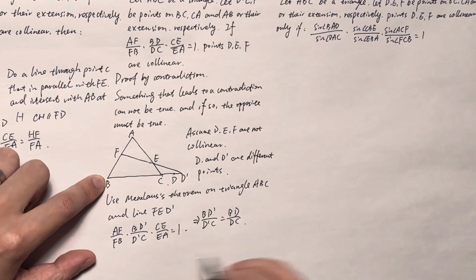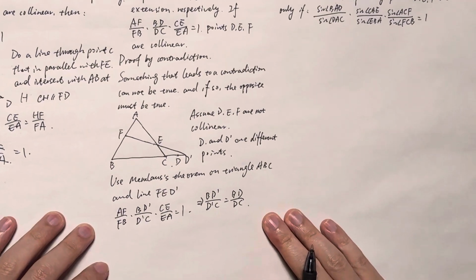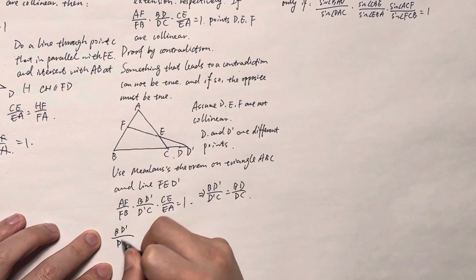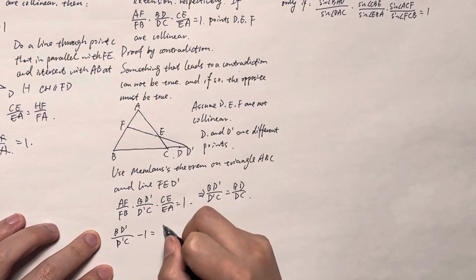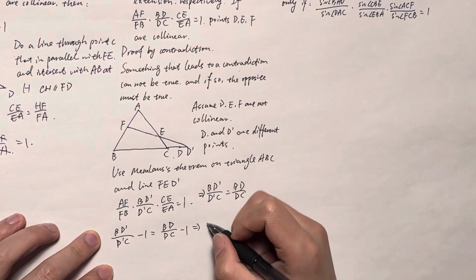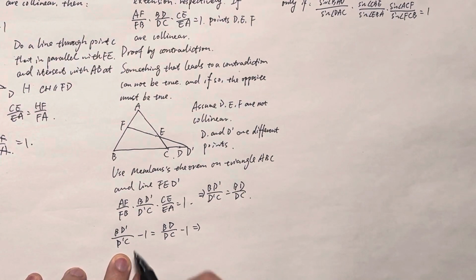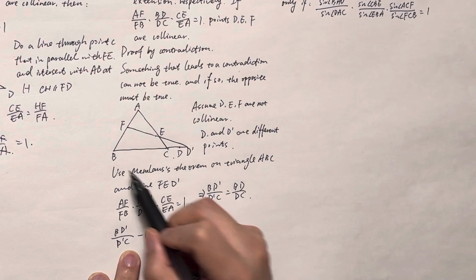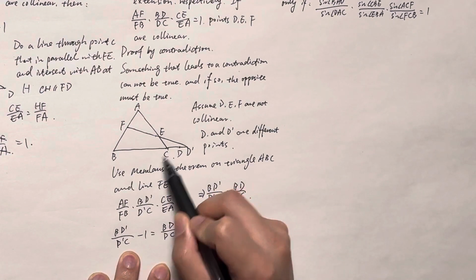So let's do a trick here. BD prime divided by D prime C minus 1 equals BD divided by DC minus 1. That means BD prime minus D prime C, divided by D prime C, right? BD prime minus D prime C, that's BC.